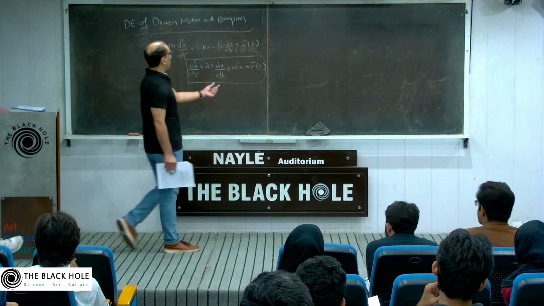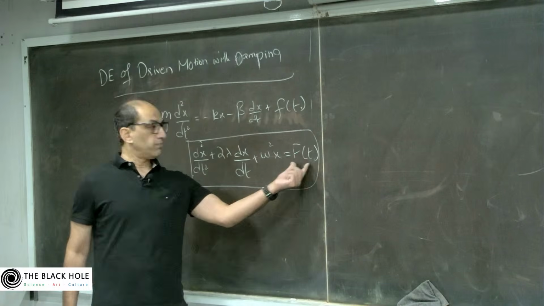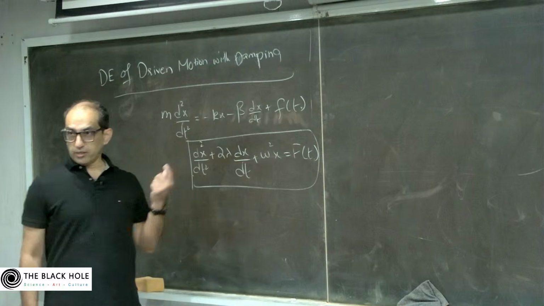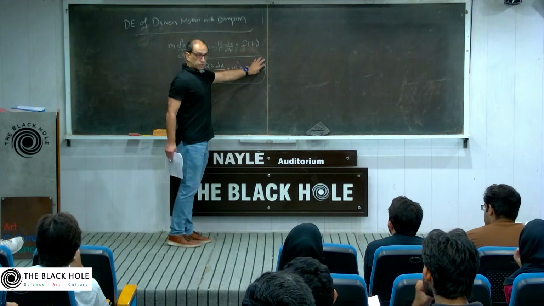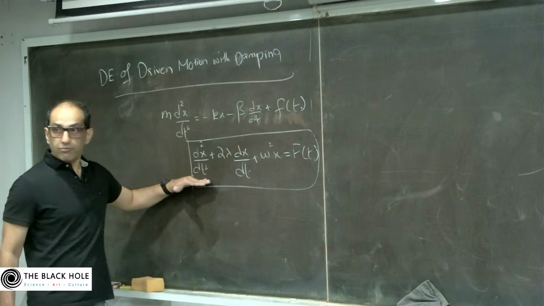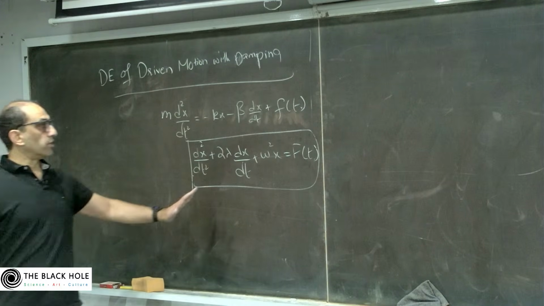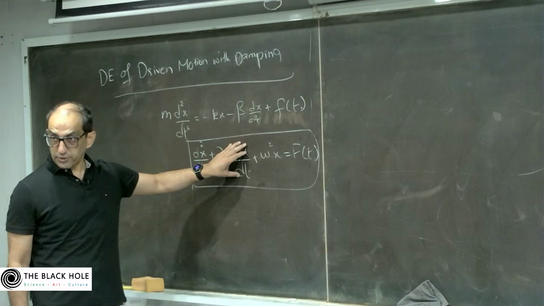So let's say if I put the periodic force equal to 0 and I put this particular term 0, then what do I get? Simple harmonic motion, right? Yes. And if I put this equal to 0 and I write this thing down, then this is a second order linear differential equation, but now there is a first order derivative.